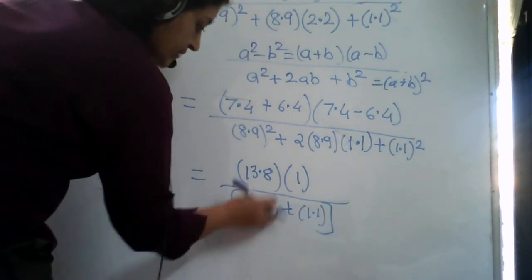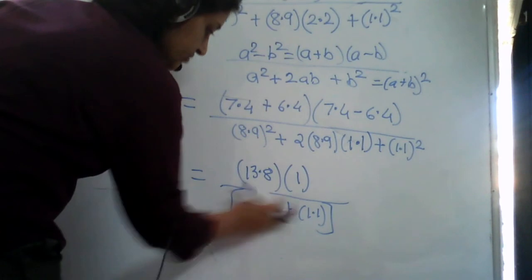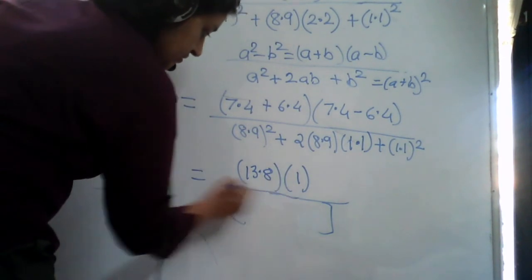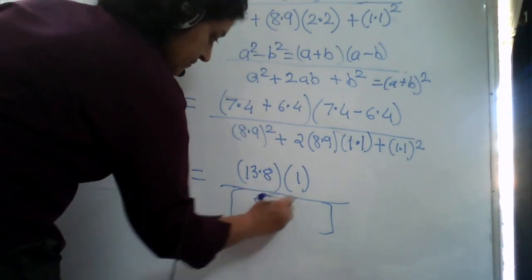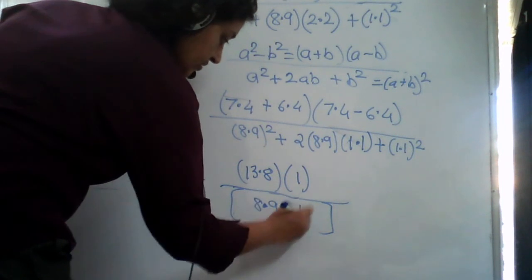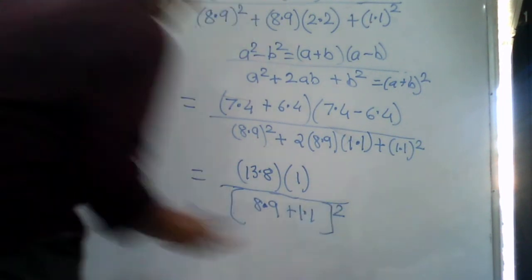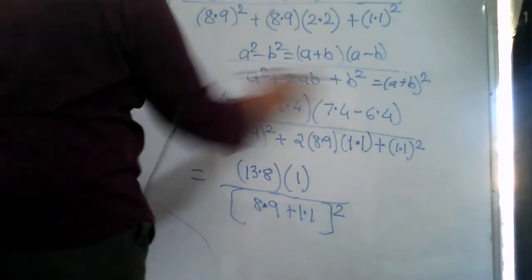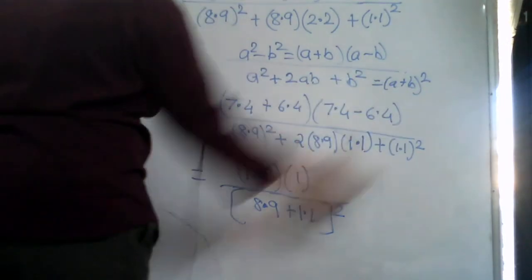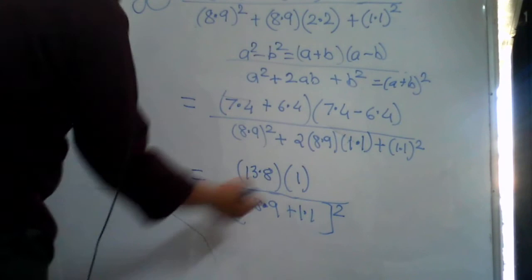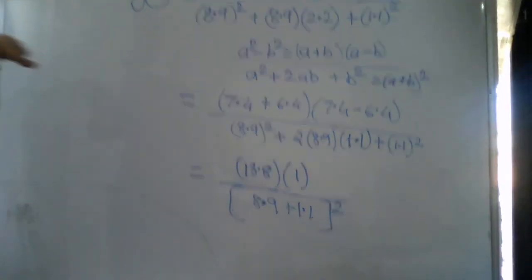You may not put brackets to this, that is okay. Because this expansion is matching, we can write this as, okay, 13.8 into 1 would be what? 13.8 only.